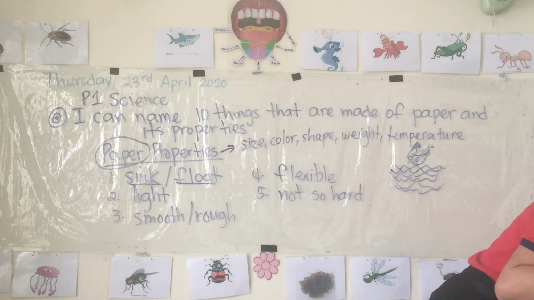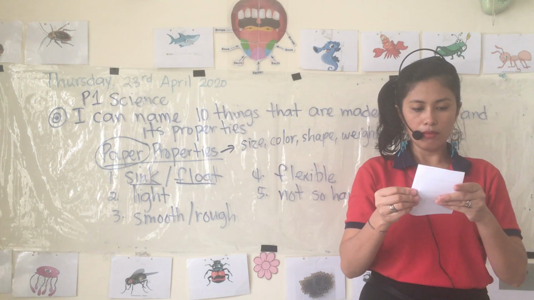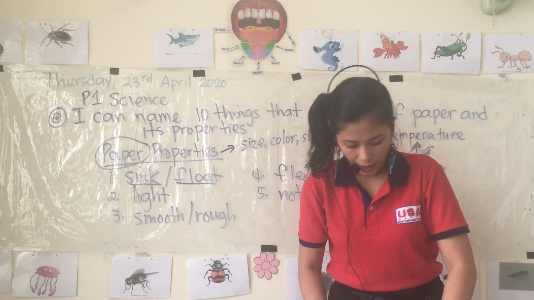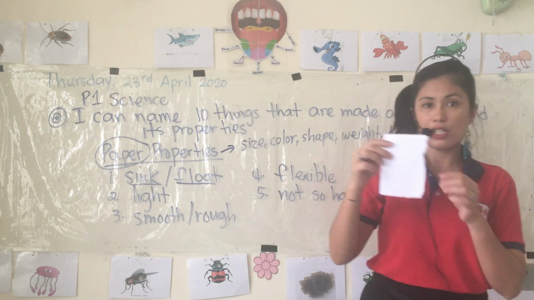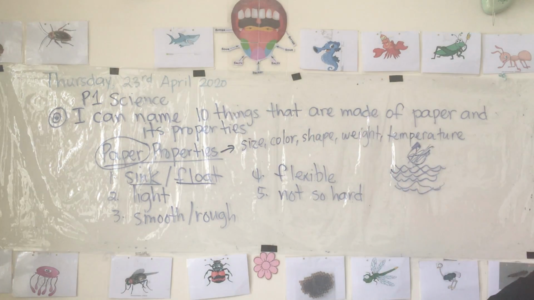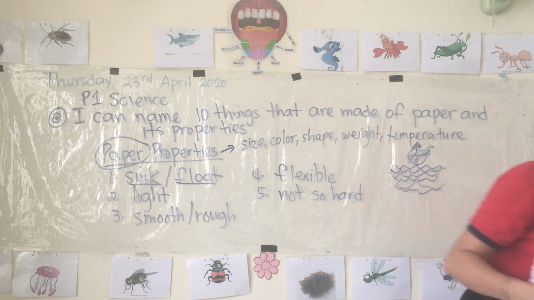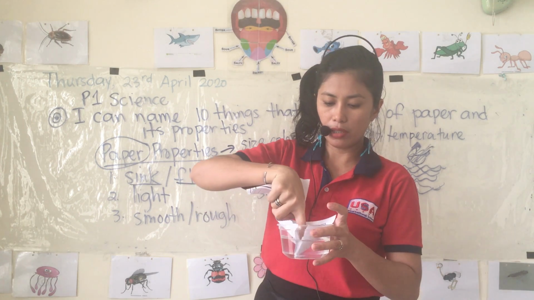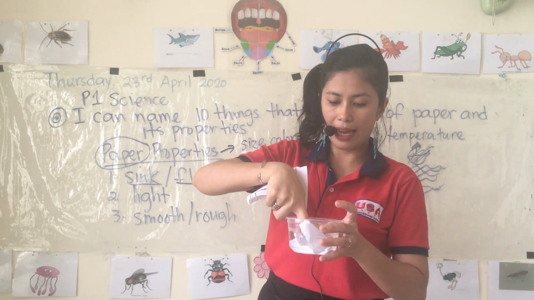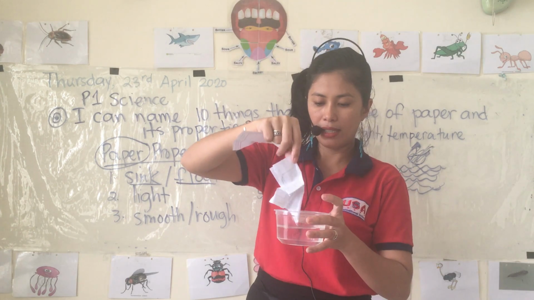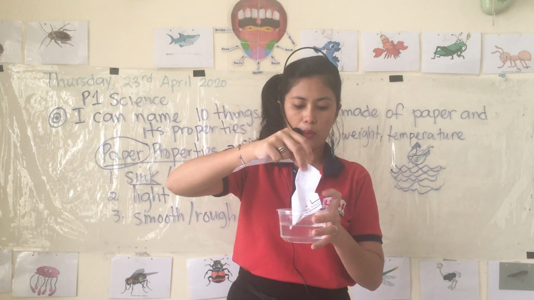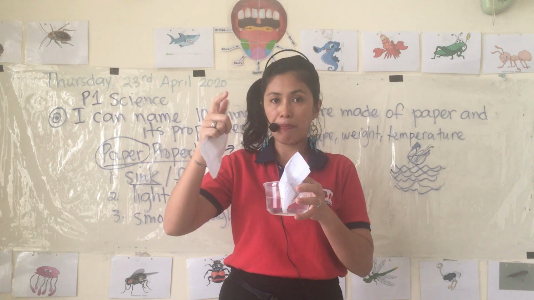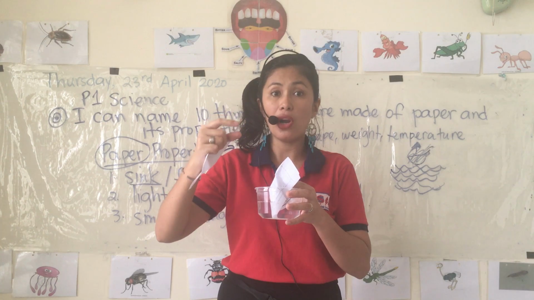So if I'm just gonna cut it in half, and then, okay, so this paper is dry, and then if I'm going to put a paper into this water, it will get wet. See, it gets wet.